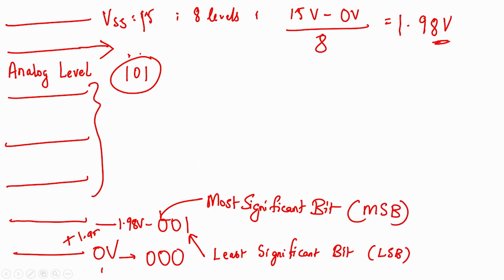Clear? This also you must have learned, but do you know why it is called so? Do you know why LSB is called least significant bit, and why MSB is called most significant bit? We will come to that. It is an important concept that you should understand.